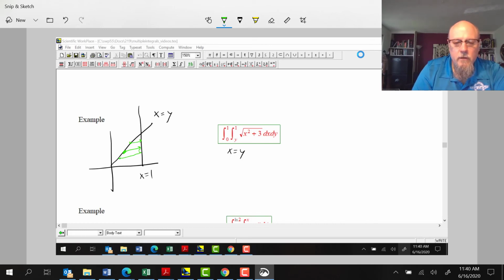And then for the y's, lowest y in the shape is 0, highest y in that shape is 1. So the region R we're talking about here is that triangle. I'm reading the region from the endpoints. What I wrote down here has nothing to do with the square root of x squared plus 3. The footprint is just given by the endpoints and the order of dx dy. So I could, and I will, switch the order of integration.